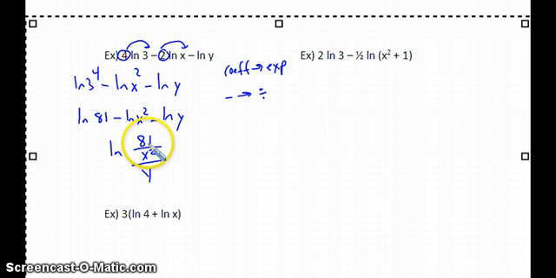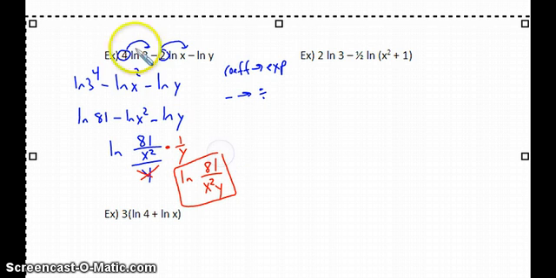Well, you can't actually take and divide 3 terms like this. So instead of taking this fraction, 81 over x squared, and dividing it by y, let's change it so that we multiply it by the reciprocal. So this y would come over here as 1 times y, and we would end up with a natural log of 81 over x squared y.